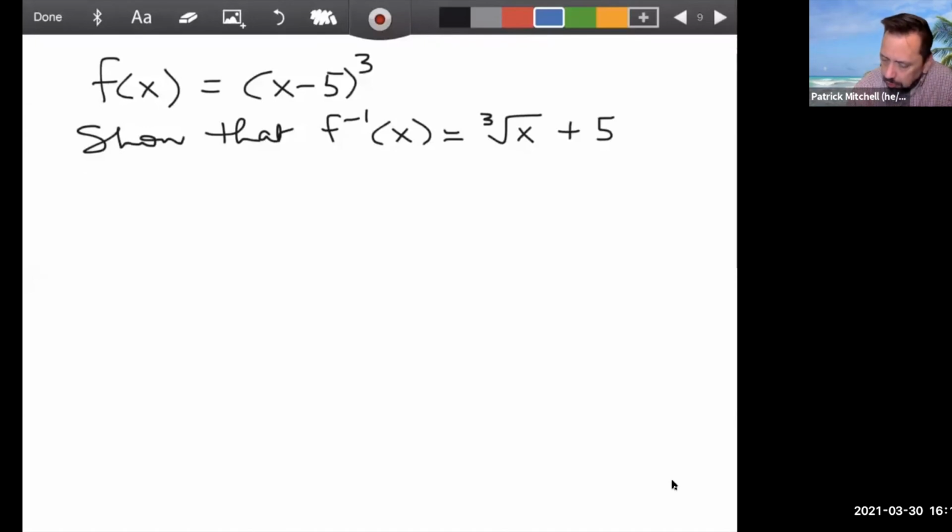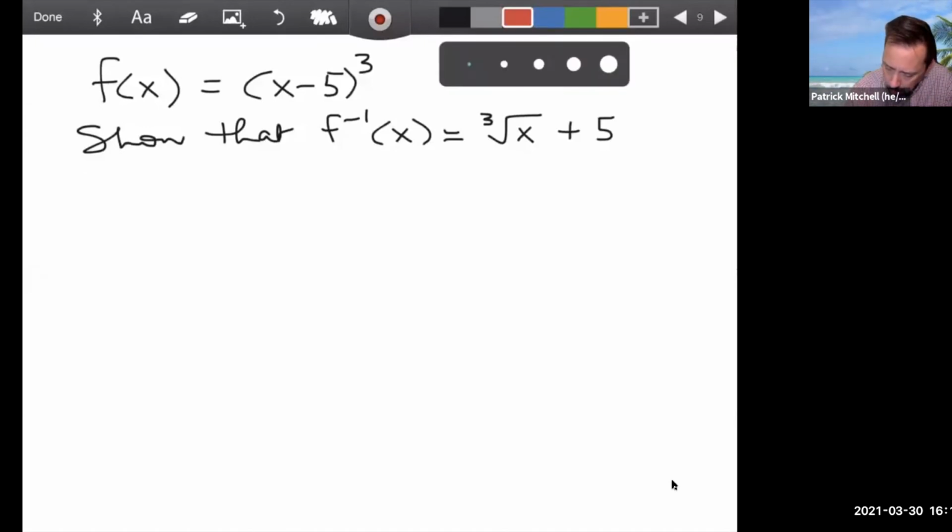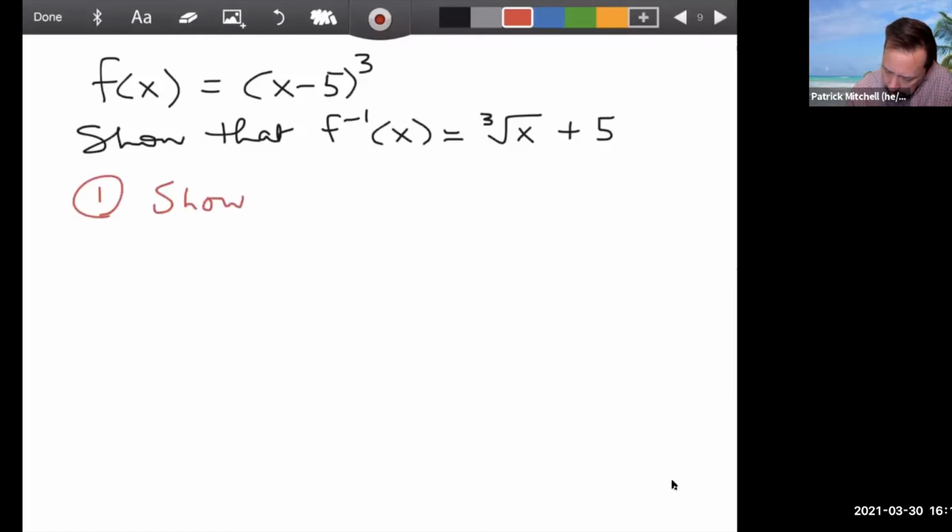So there are 2 things you have to do here. Number 1, you have to show that f inverse of f of x is just x. So let's do it.